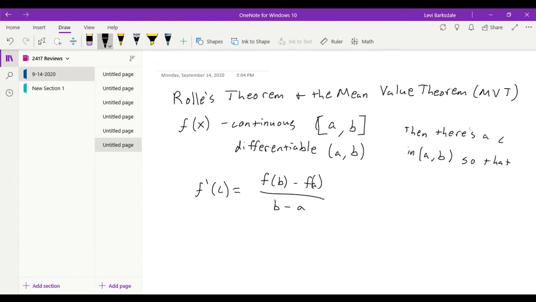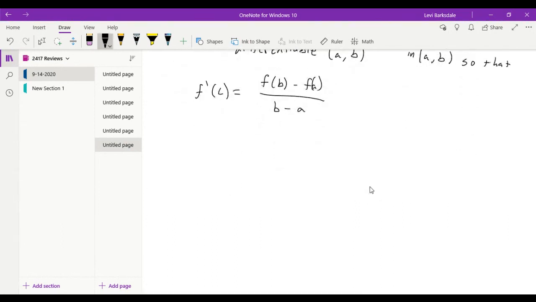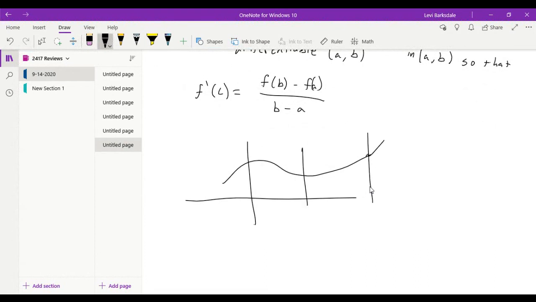Basically this is a complicated way of saying that if you have a function that's differentiable, a function that doesn't do any weird things like jump, have discontinuities, or make sharp turns, you just have a function like this, and you're looking at it on an interval from a up to b, from here to here.